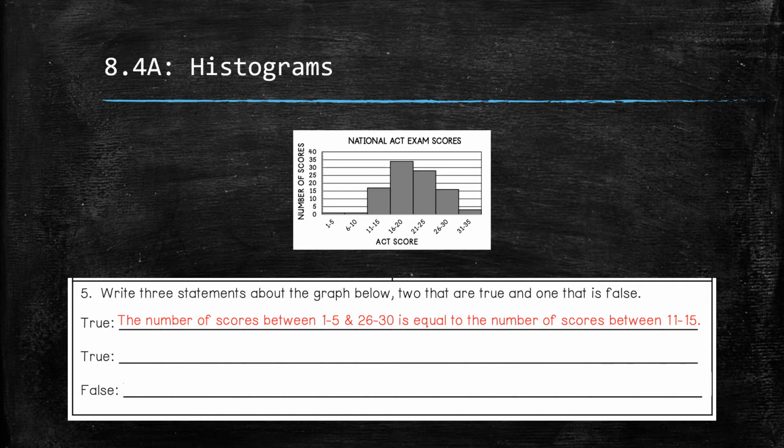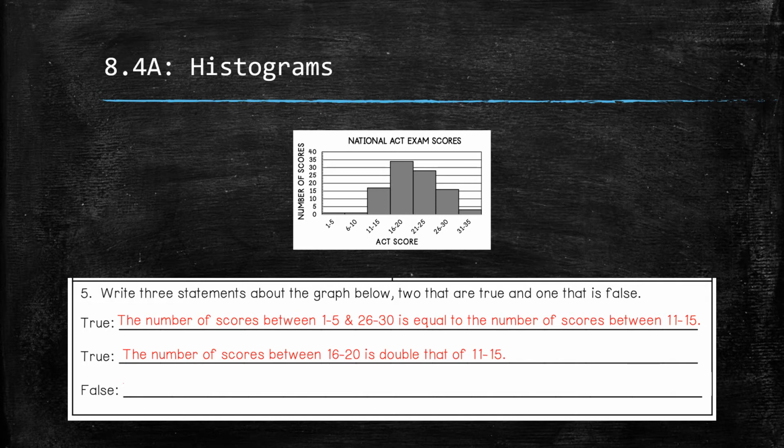And if I take those two scores and add them up, it would equal the same one. I could also say this would be true: the number of scores in the 16 to 20 range is double that of the 11 through 15 range.